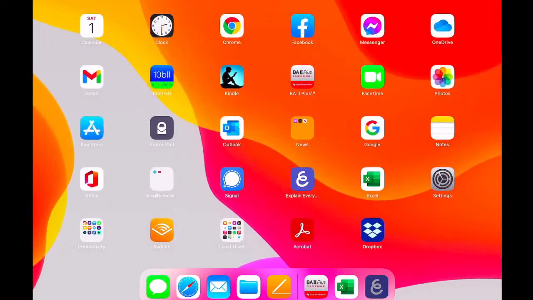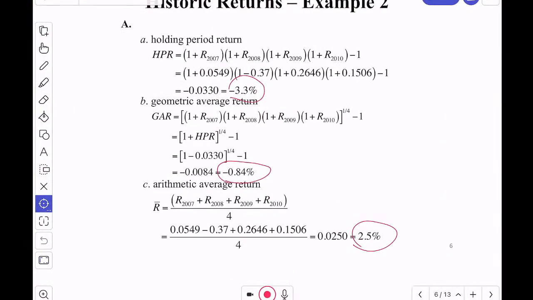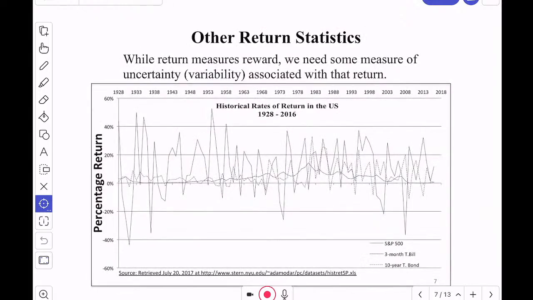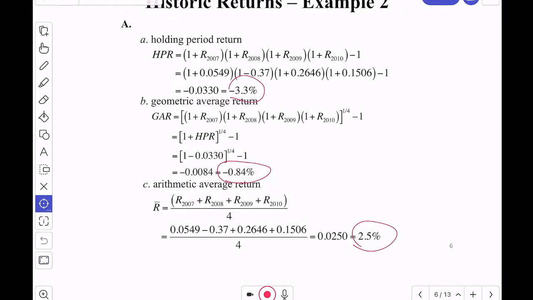So you can replicate these calculations. And that's how I did it. So sorry for the errors as I was going. It's really hard. I don't use my iPad for Excel, so I'm used to using it in a certain way, and it's different on the iPad. Okay, so that's that. Any questions?